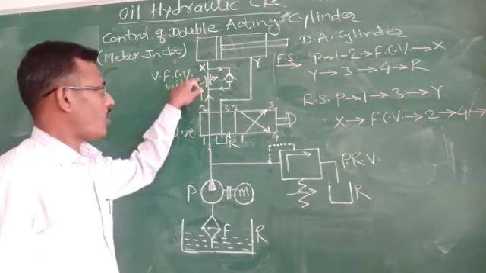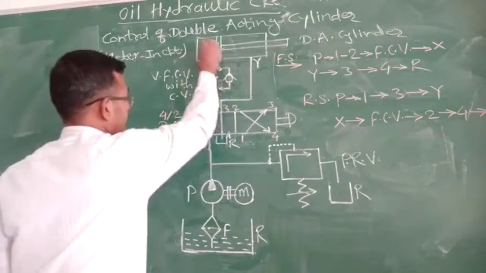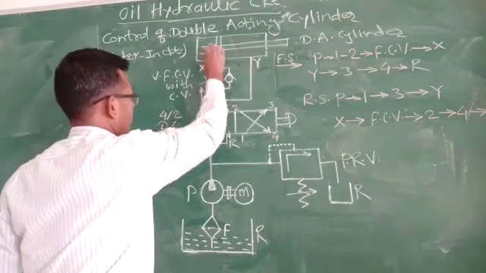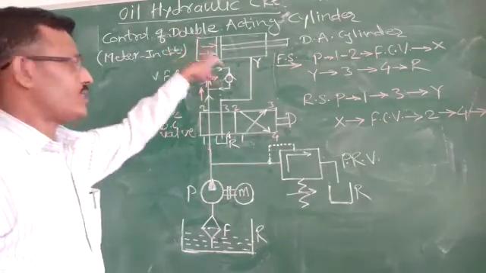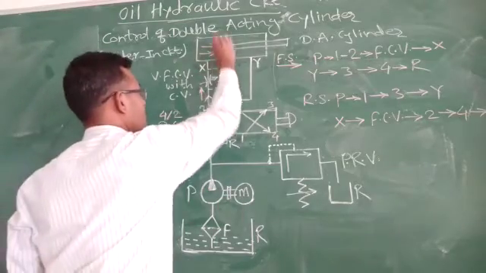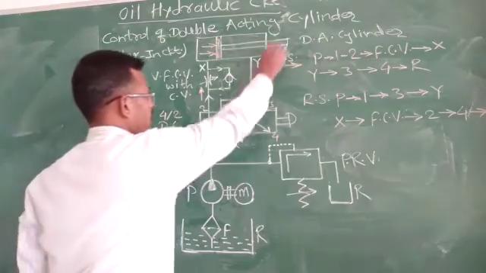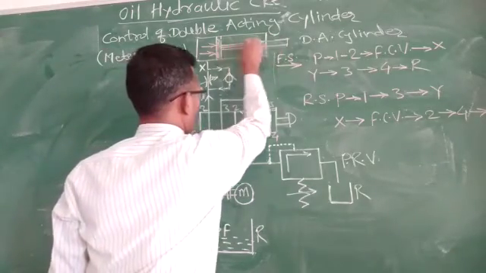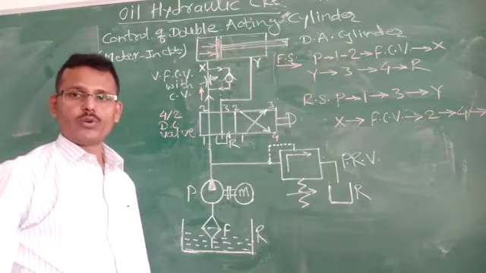Maximum quantity of oil will flow through this flow controller and it will be admitted inside the actuator through its inlet port X, and it will exert the maximum pressure on this piston, so that this piston will be moved in the forward direction along with the piston rod to complete its forward stroke.